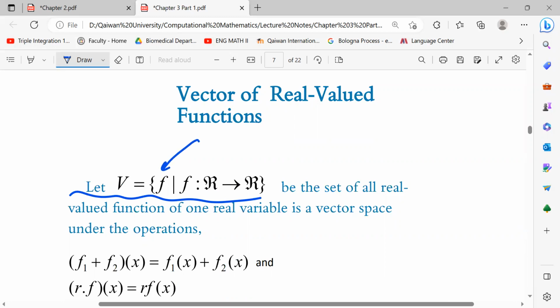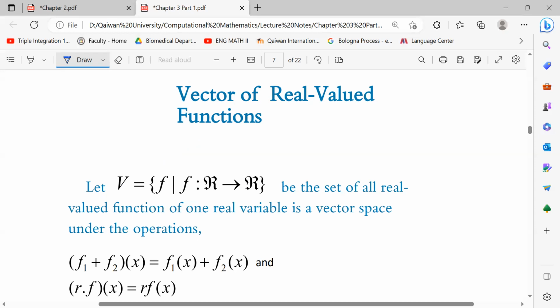Here we have f. f is any function. Here, V is the set of all functions.